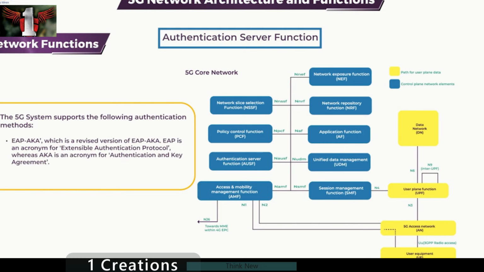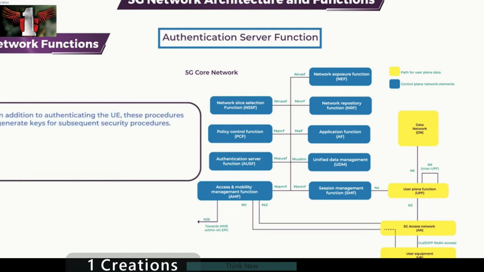EAP is an acronym of Extensible Authentication Protocol, whereas AKA is an acronym for Authentication and Key Agreement. And 5G AKA, which is a revised version of EPS AKA. In addition to authenticating the UE, these procedures generate keys for subsequent security procedures.